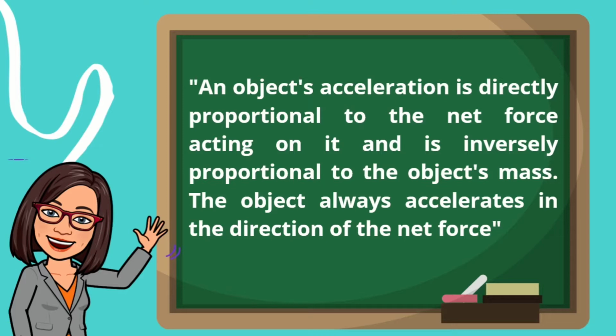It will not speed up, it will not slow down for as long as there is no external force. But here, in Newton's second law of motion, we have several quantities that we have to consider. That is the net force, or the external force that will act on the object, and the mass of the object.